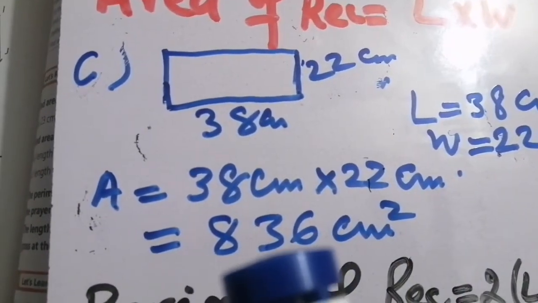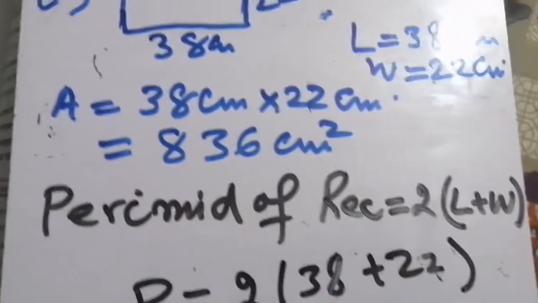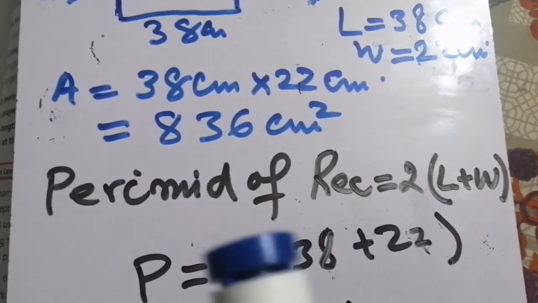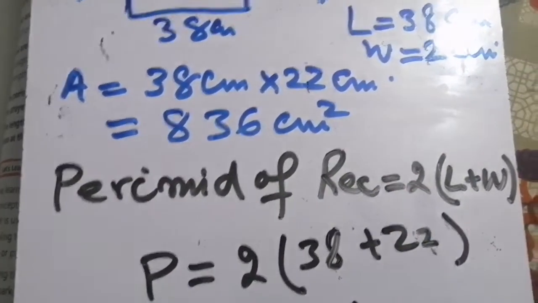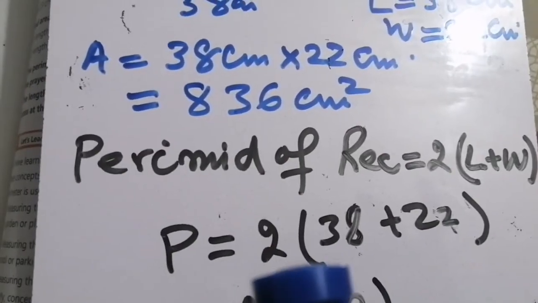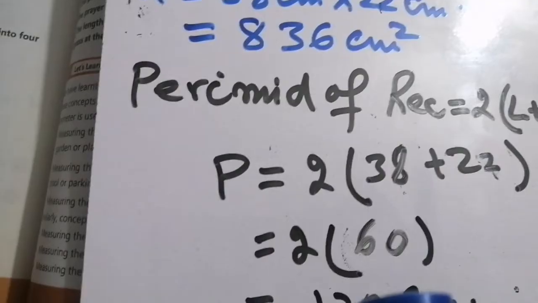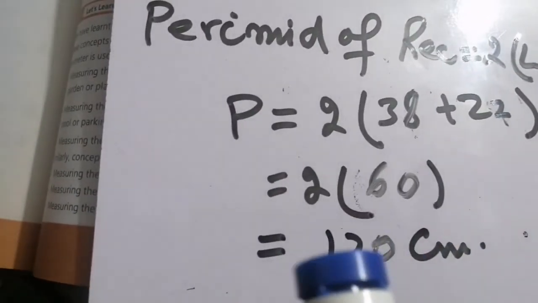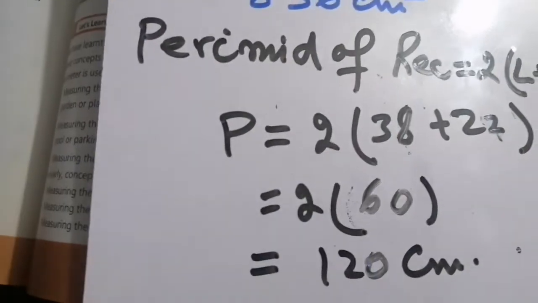So it will be 836 centimeter square. The perimeter of the rectangle is equal to 2 into length plus width. So P is equal to 2 into 38 plus 22. It is 2 into 60.